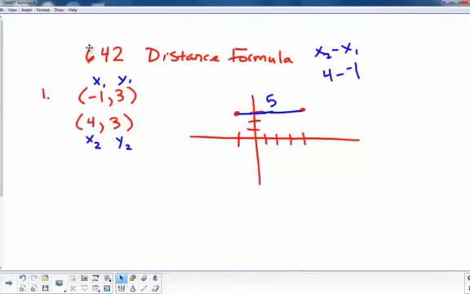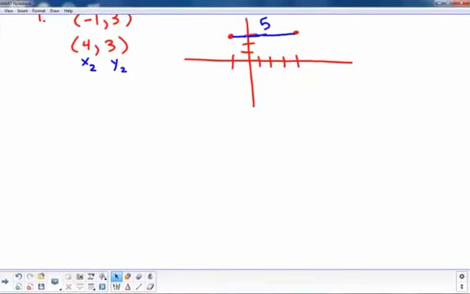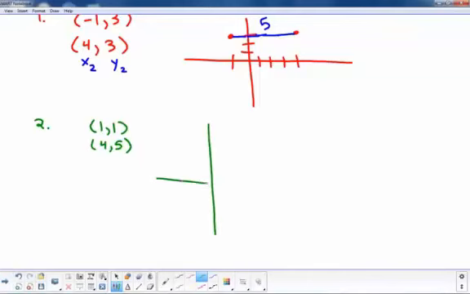So we're going to step it up a slight notch here. This is not number 2, but this is just a random problem. So if you have the points 1, 1, and 4, 5, and you want to know the distance, we could plot them 1, 1, and then 4, 5. So this is a diagonal line.